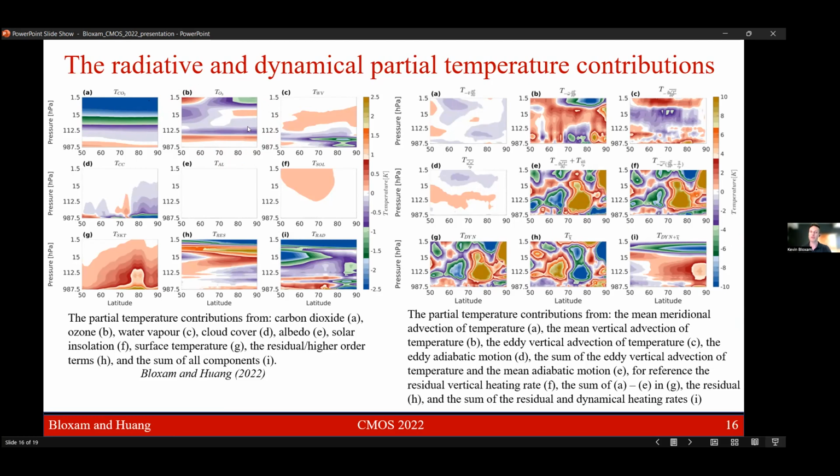CO2 was the strongest, but again, it's so reliant upon SSWs, because when you have the SSW, you tend to have this large intrusion of ozone into the vortex as well, and so there is the possibility of that impacting longwave cooling as well, but it's not as much going to impact shortwave, because this occurs during the polar winter, and so it's quite small.